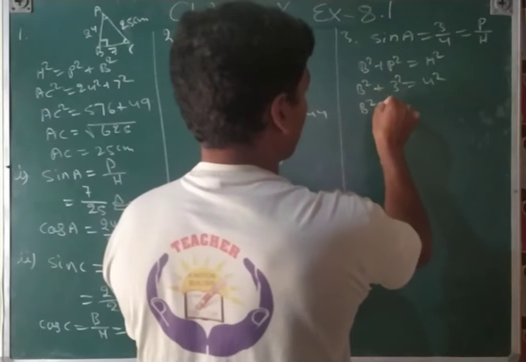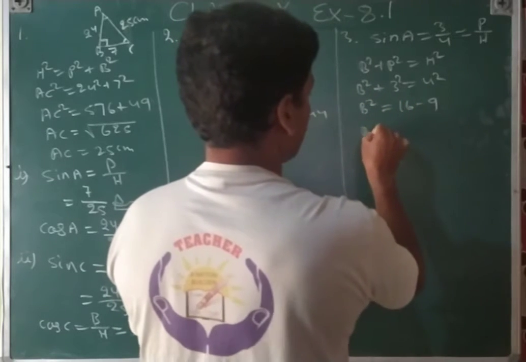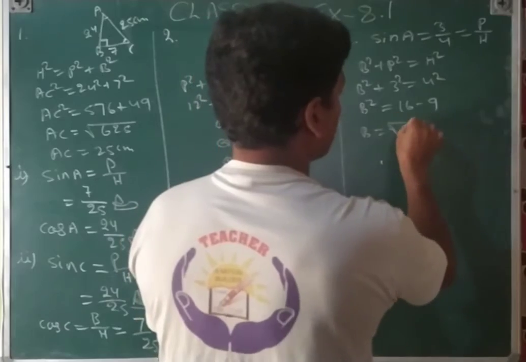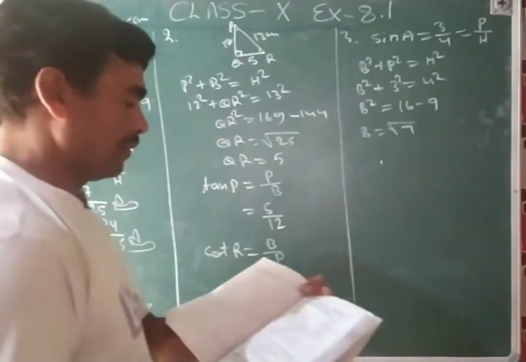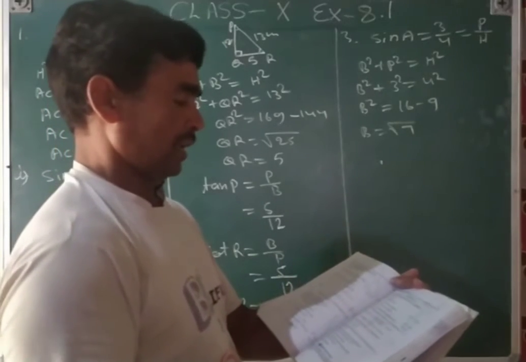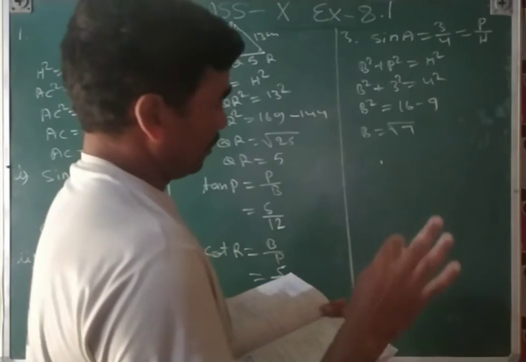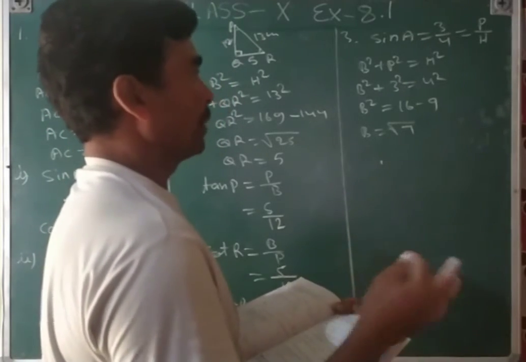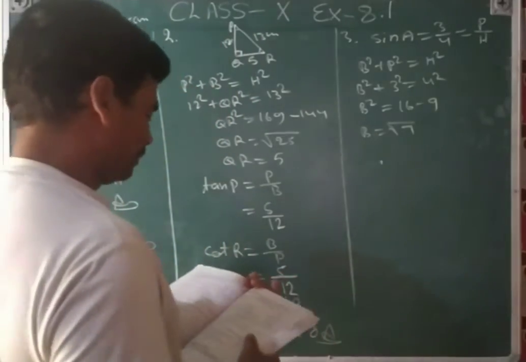So B square is equal to 16 minus 9. So B is equal to under root 7. Here we are looking at the same angle, for sin A, cos A, tan A, so the base will be the same, the perpendicular will be the perpendicular, and the hypotenuse is always the hypotenuse.